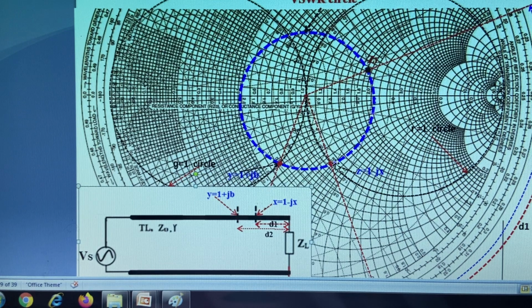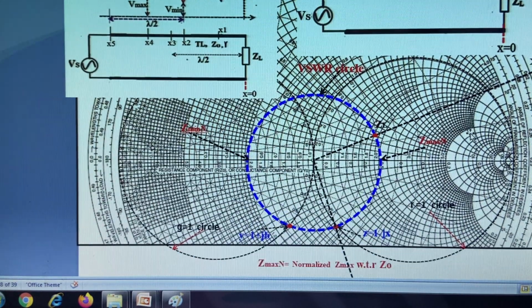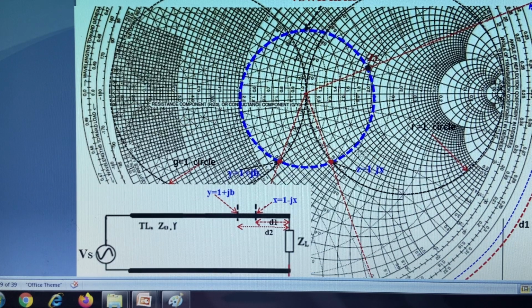So you can find at what distance this impedance is from the Smith chart over the transmission line. Similarly, we can find out admittance also over the 1. So here from the Smith chart we can find out a distance of the impedance as you move like this.